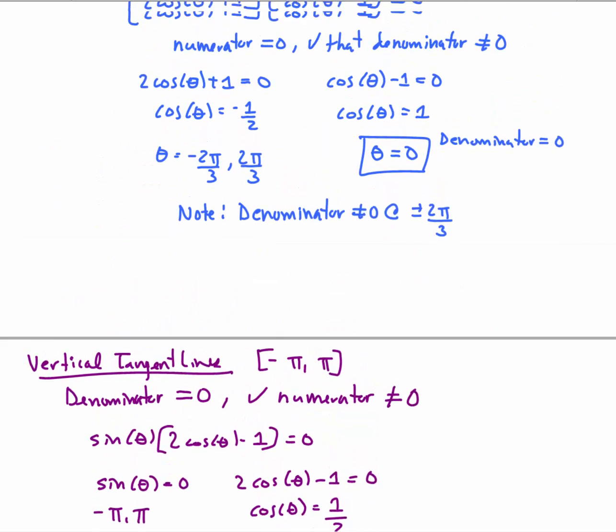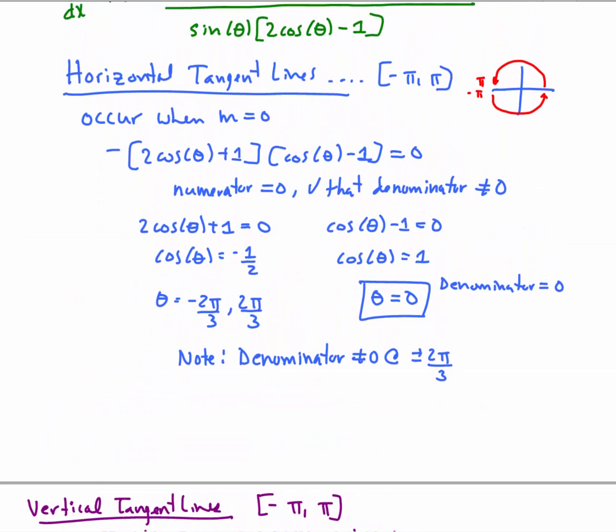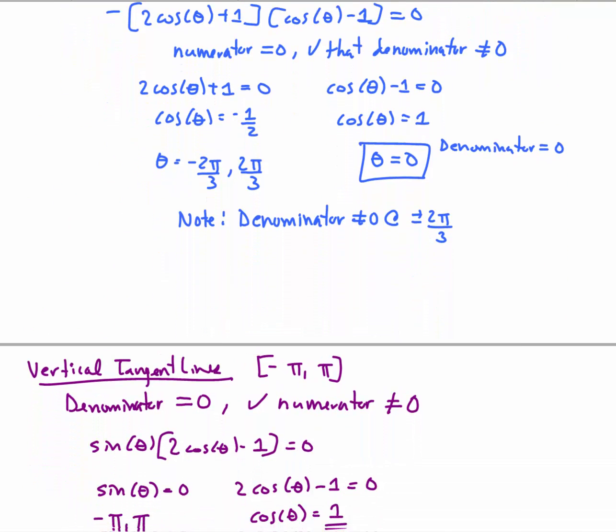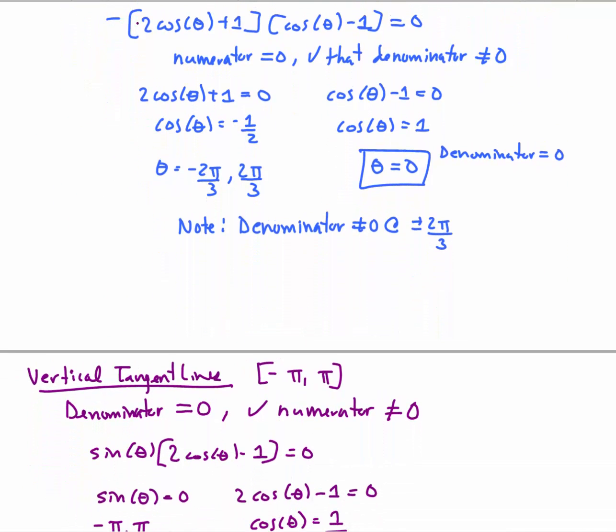Now my numerator, if you will recall, is right here. So as I plug in pi, cosine of pi, 2, 1, cosine of pi, 1 minus 1 is 0. So it looks like I could have some conflicts here. But remember, my numerator can't be 0, so let's double check.